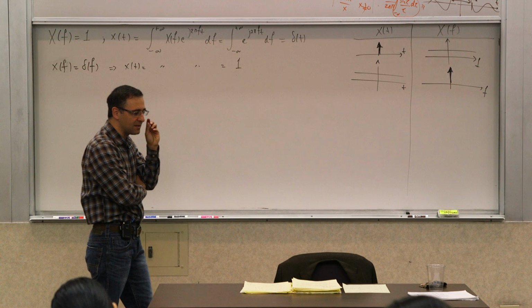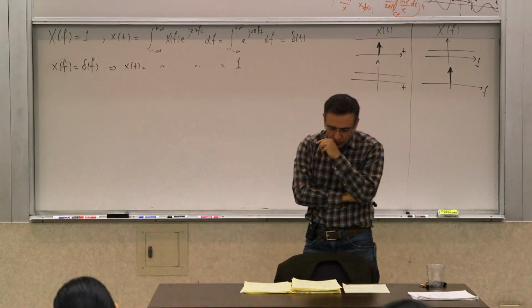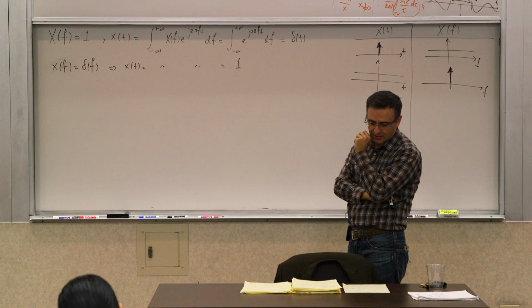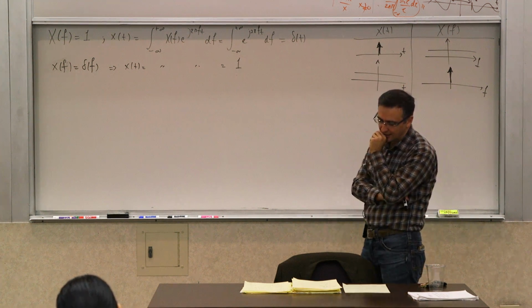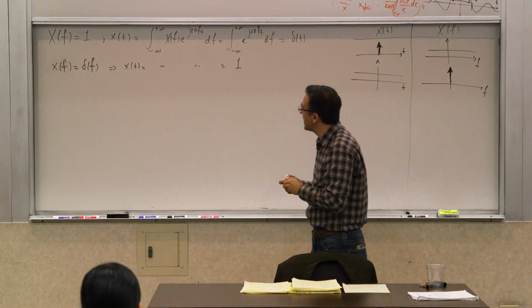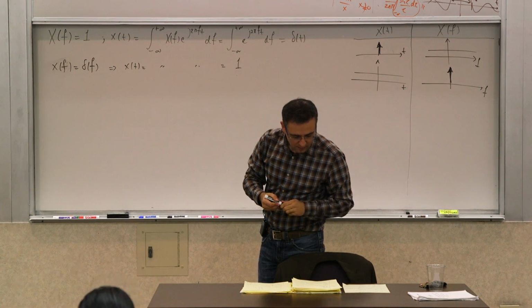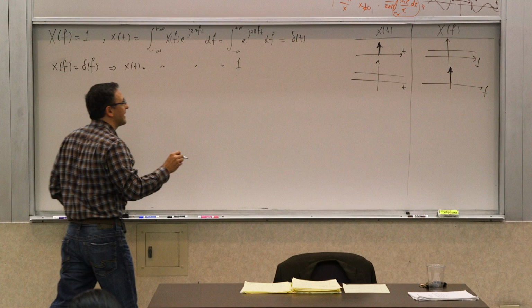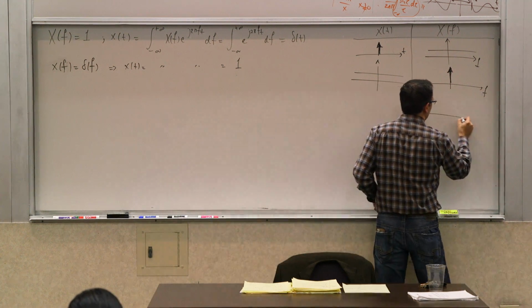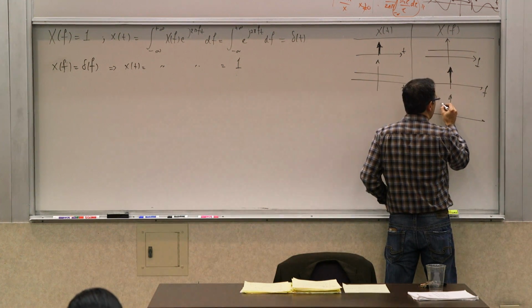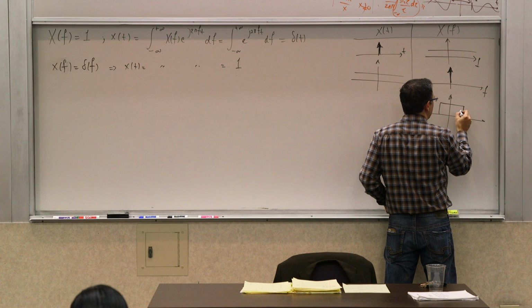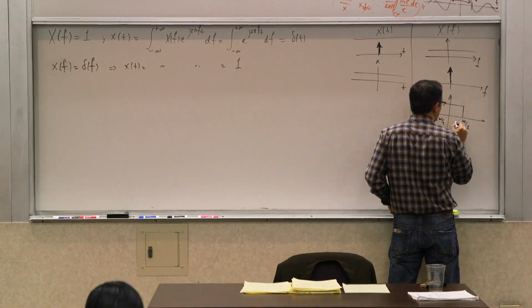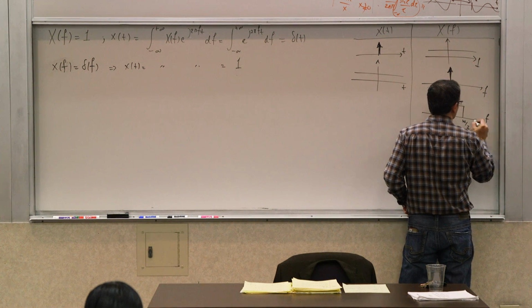So let's do something a little bit different now. Let's do a Fourier transform of something that's finite in length and see what that does. Let's say you're trying to make something that's band limited in frequency, meaning a signal that has only energy up to a certain frequency and no energy above that. We call those band-limited signals.